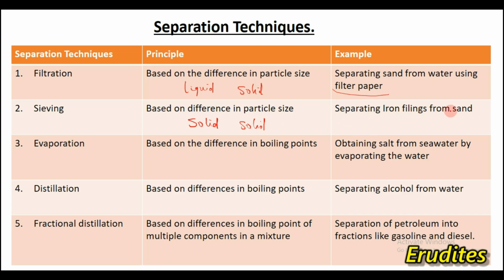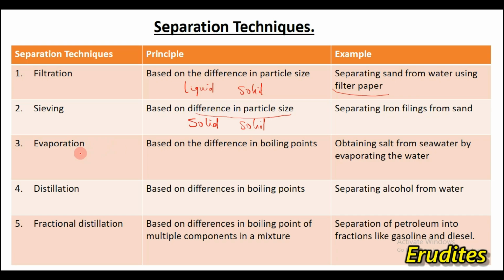Iron filing is a solid, sand is a solid. So how is it possible that we're separating it? It is because of the difference in the size of the particle. Iron filings should be smaller than sand. So if we use a sieve to sieve this mixture, we can actually separate the iron filings from the sand.